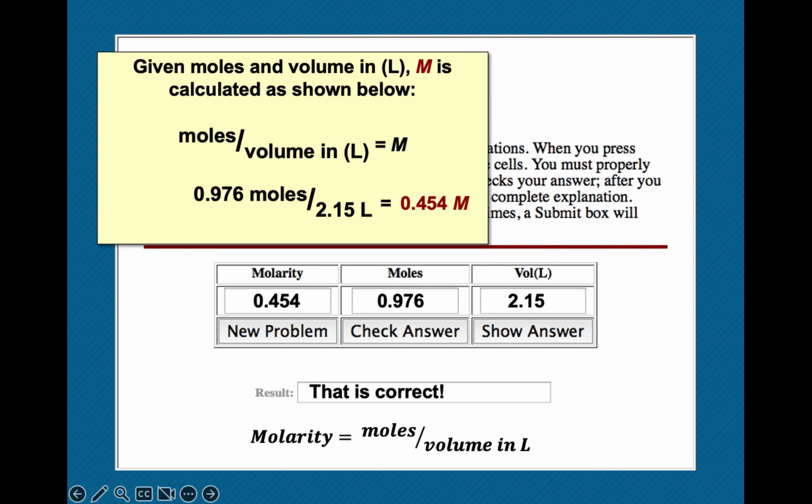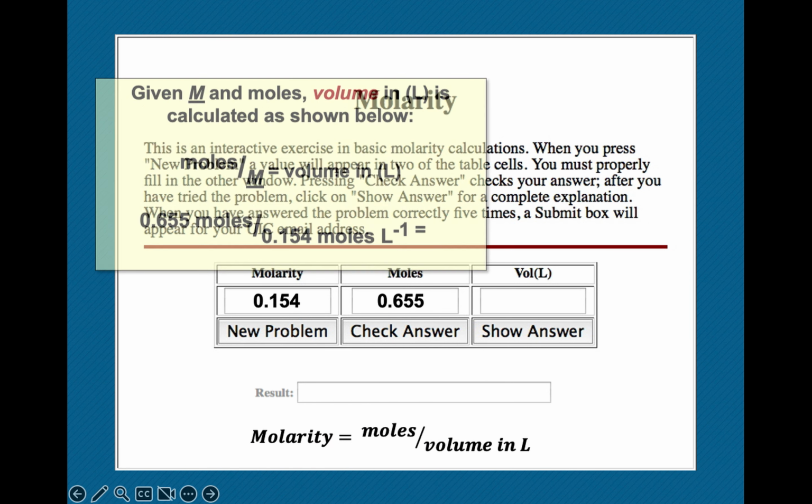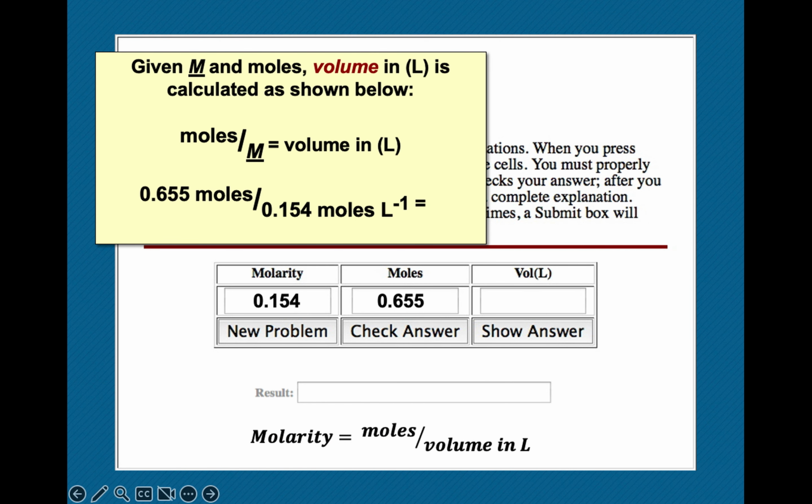Every time you click new problem, something comes up missing, like I said. This time, volume is missing. You only need one formula to remember or write down on your card. Moles divided by volume. So volume would be moles divided by molarity. Moles divided by molarity gives us volume. Substitute the numbers.